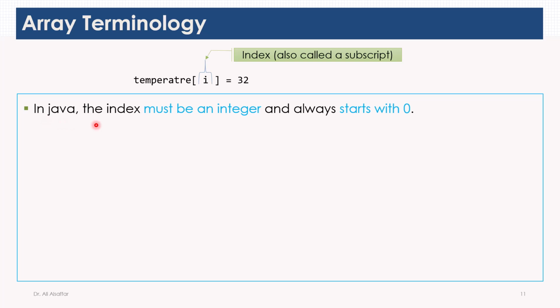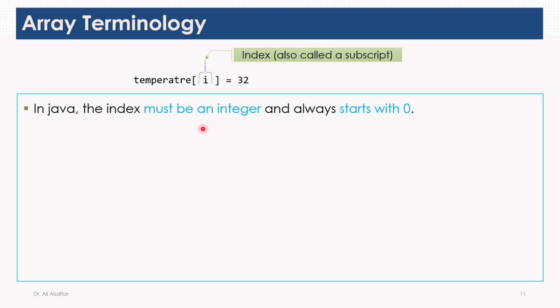In Java, the index must be an integer, and you already know that it always starts with 0, and it should never exceed the size of the array, not even equal the size of the array. So when you allocate, let's say, 100 elements for an array of type double, then you cannot save into location 100. You can save into locations 0 up to 99.